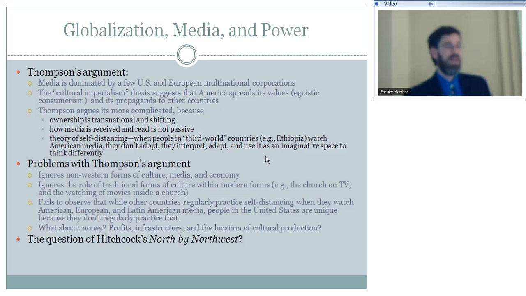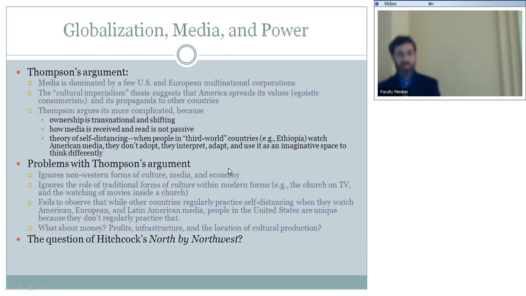But he doesn't think of the older forms of culture that are still very powerful and have a relationship. So when you watch TV shows, the church is on it. But also, the church has its own television, and people watch the stuff inside the church. So there are relationships between things that he's not considering. And this is the one that I think is really important for you guys.